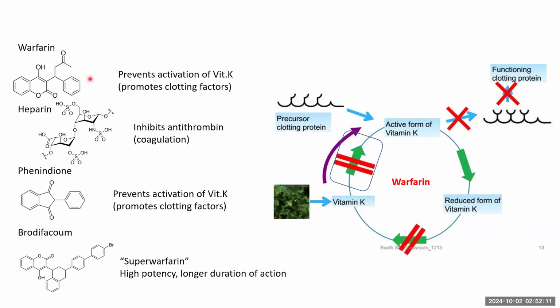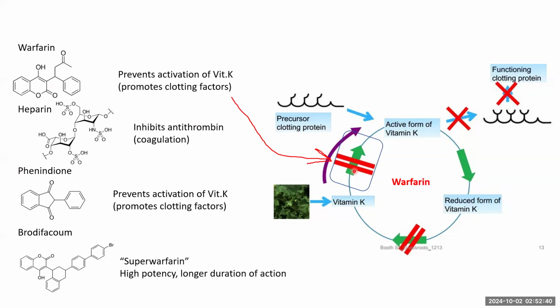So warfarin acts by preventing the activation of vitamin K. In order for your blood to actually clot, vitamin K needs to be turned from its inactive into its active form so that the active form can go off and set off your cell signaling cascade of clotting factors.